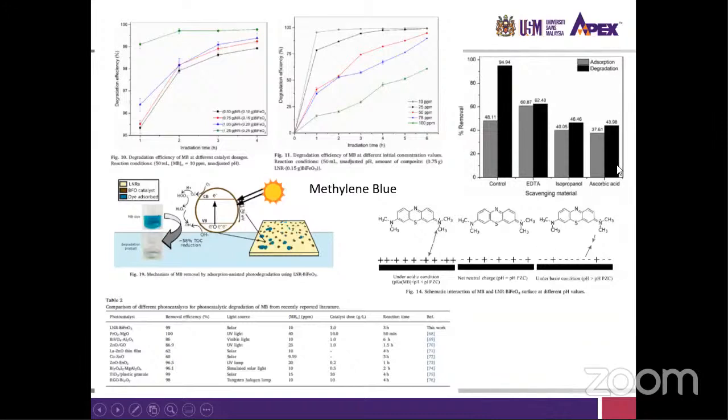And this is the scavenging test, with EDTA, isopropanol, ascorbic acid. This test is needed to ensure which particular mechanisms really happen in the degradation. Is it just superoxide radicals, or is it hydroxyl radicals, and so on? And then this is for the liquid natural rubber.